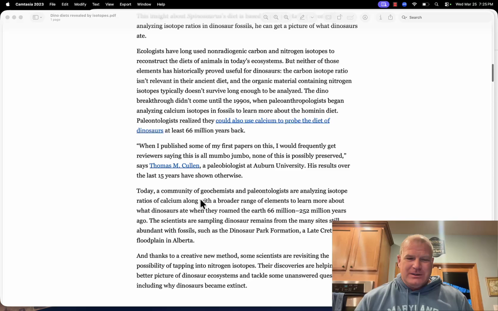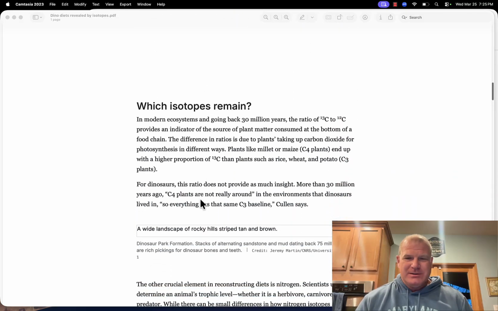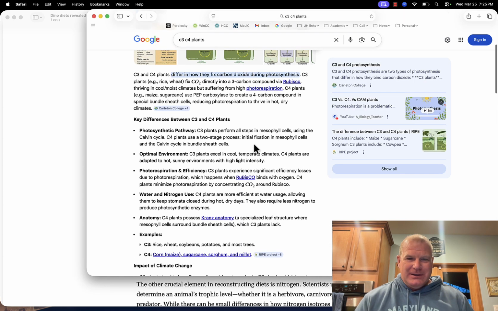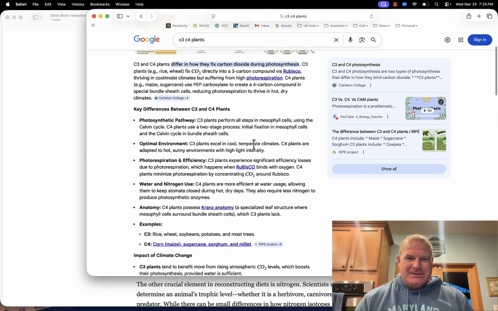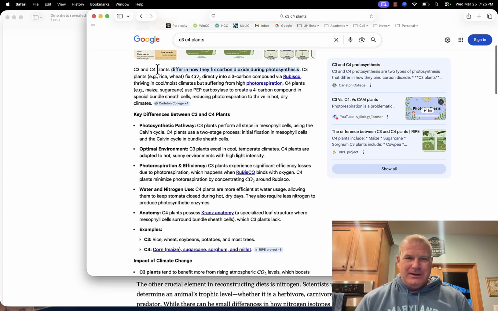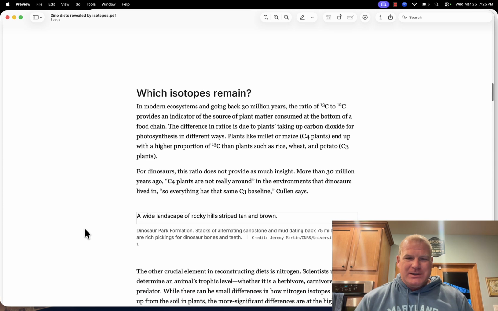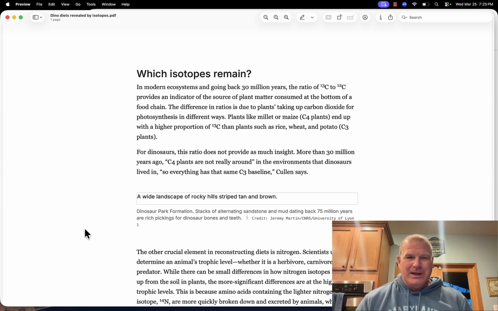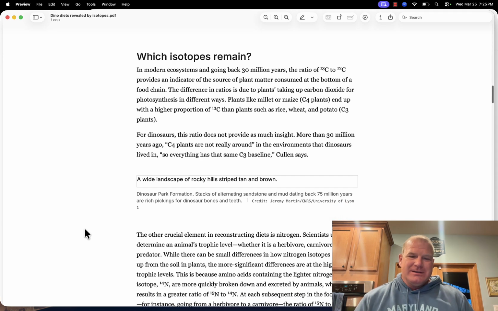The first part of the article talks a bit about carbon isotopes and the different types, C3 and C4. I didn't know this, I had to look up what it is, and it has to do with how plants fixate carbon dioxide during photosynthesis. Although the article mentions that there were really only C3 plants back in the age of the dinosaurs, so this is kind of a moot point.